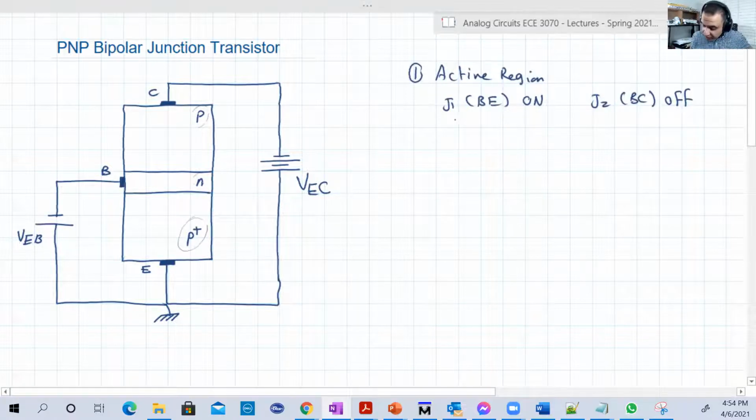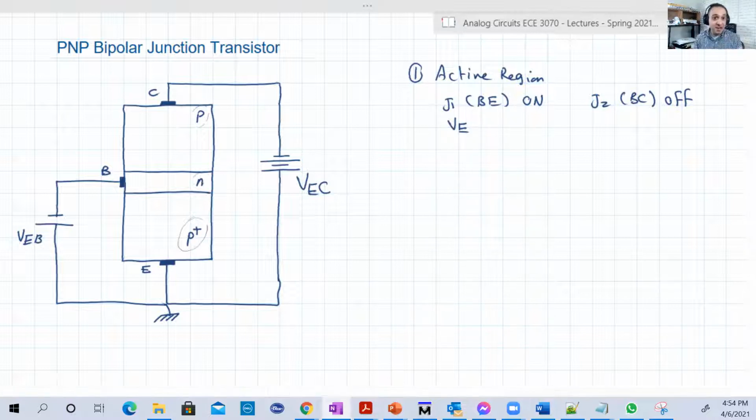For this reason, VEB, not VBE, because the emitter is now the P type and the base is the N type.